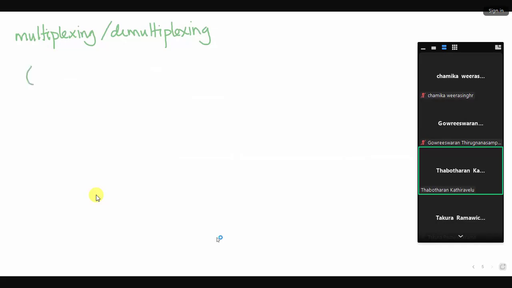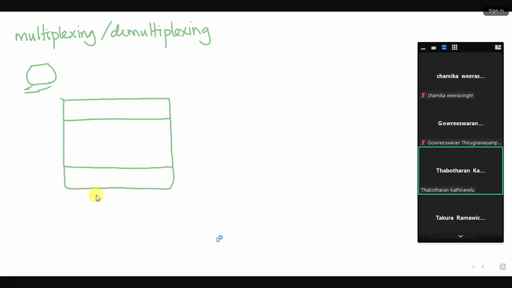For example, a host may be like this, and there is this application layer, and for convenience I will draw the transport layer a little bit wider. Then the network layer, the data link layer and the physical layer.